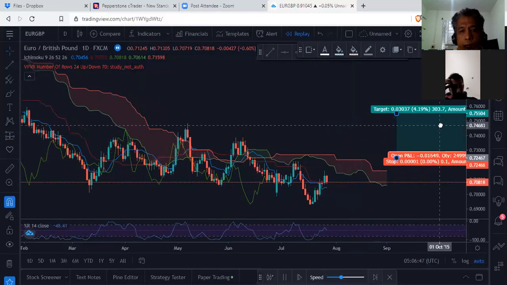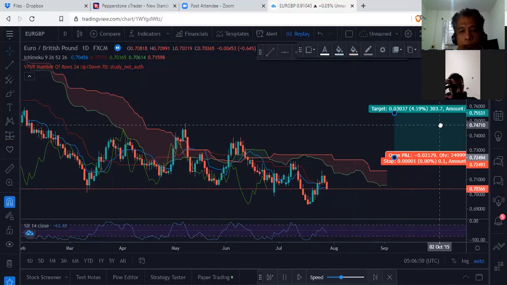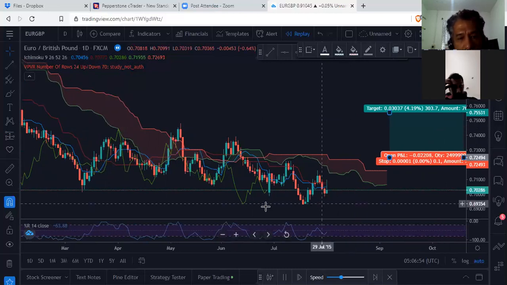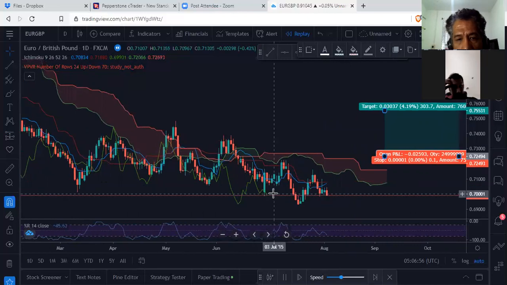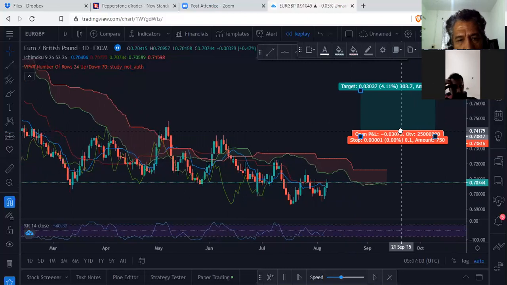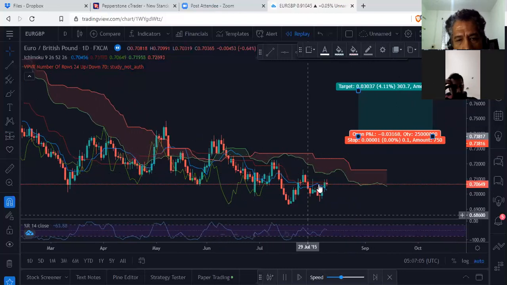Okay, it was not able to cross. It's making lower low. Let's see if it can cross here, because the Chico is right here. Chico, trend line, trend line.